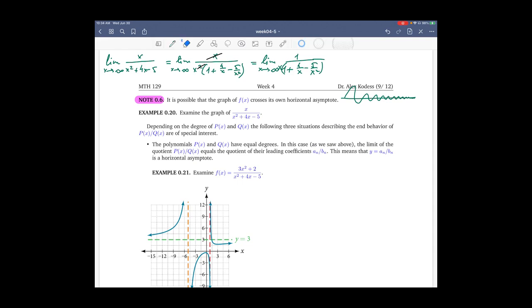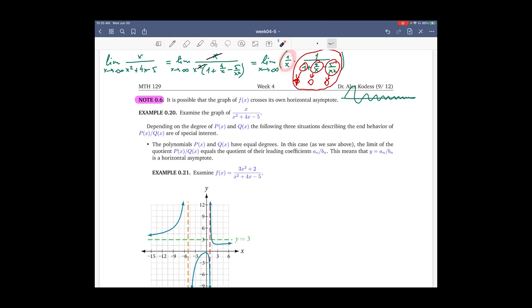Let me write it in a slightly different way. I can write this as 1 over x times 1 over 1 plus 4 over x minus 5 over x squared. 1 naturally goes to 1, 4 over x goes to 0, as x goes to infinity, so does 5 over x squared. So this whole second fraction goes to 1 divided by 1, which is of course 1.